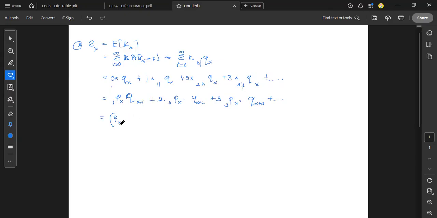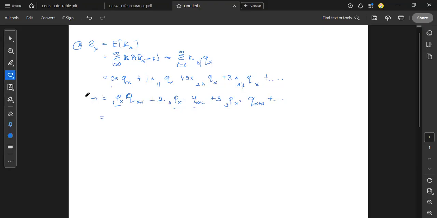I think without expanding this, let's expand it like this.